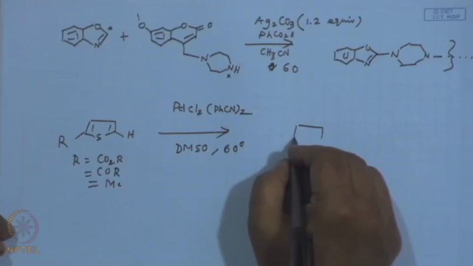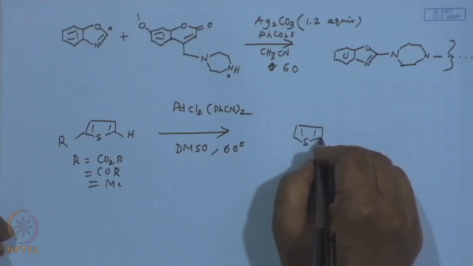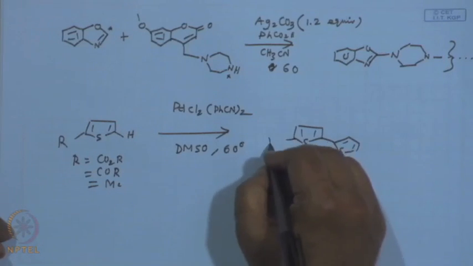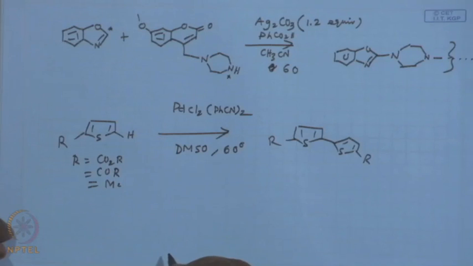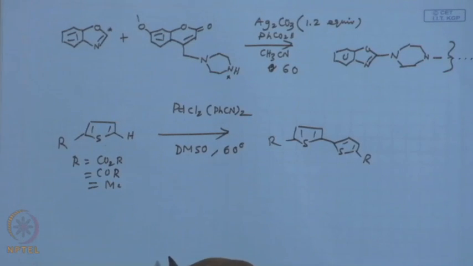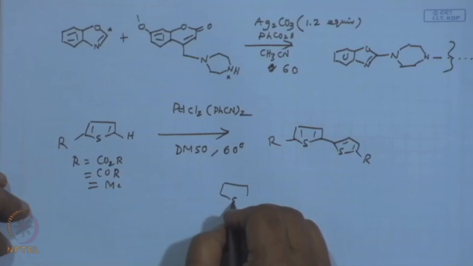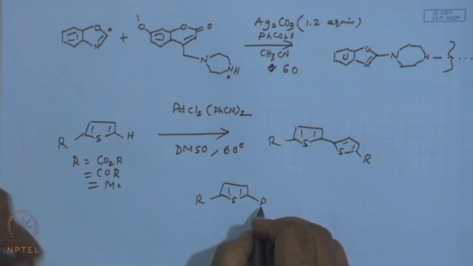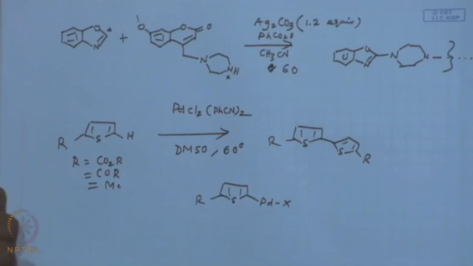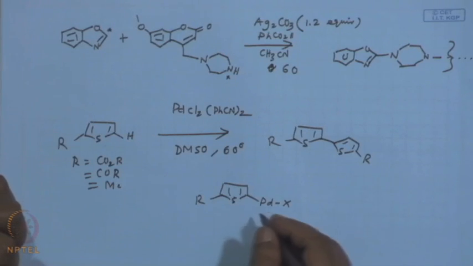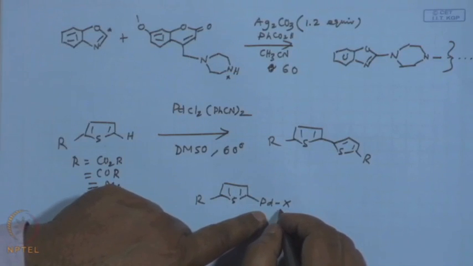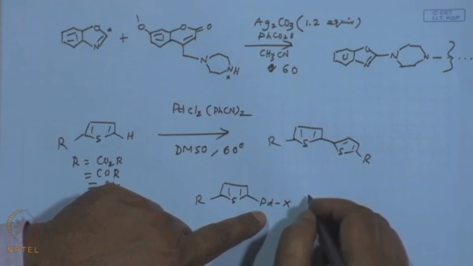So, what do you expect? It's a nice dimerization, that is it. So, what is the intermediate? The first intermediate could be electrophilic substitution of thiophene with palladium X, and then once you have palladium X, a second molecule comes. This can undergo electrophilic substitution with another molecule.